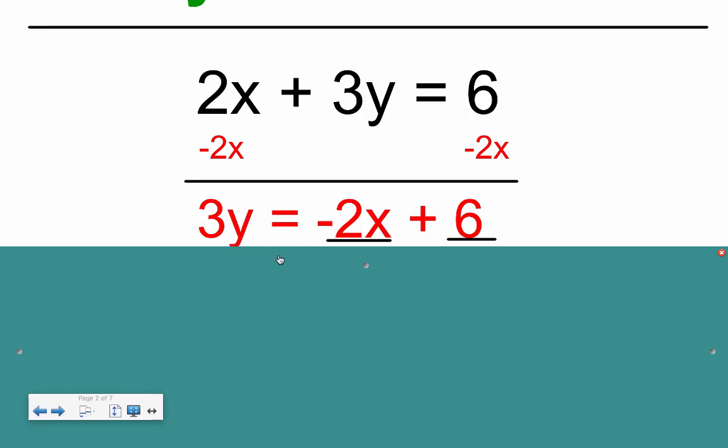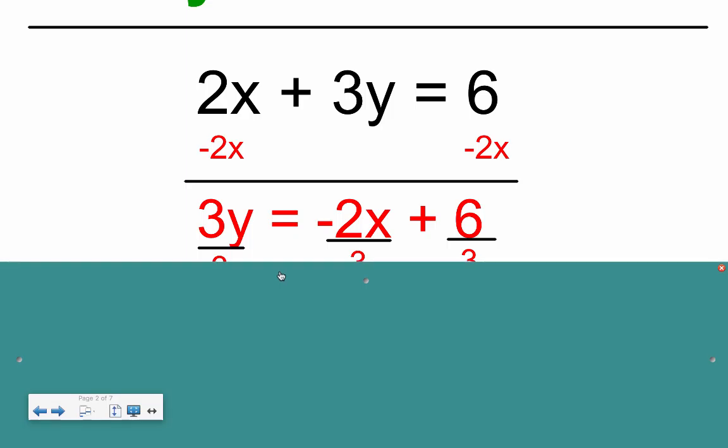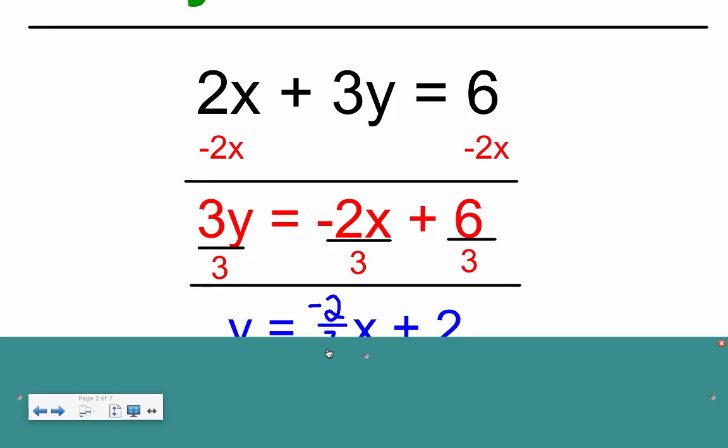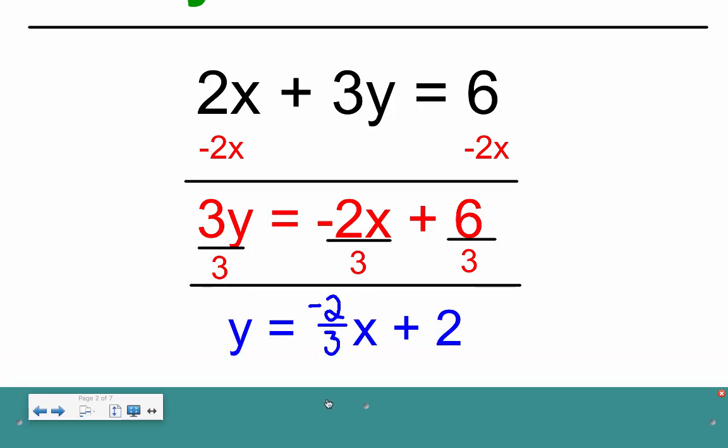When I do that, because it's an equation, and we do the same thing on both sides, I then have to divide every other term by 3. After doing the division, 3 divided by 3 will leave me 1y, which is exactly what we were going for. And then I'll have negative 2/3 x plus 2.